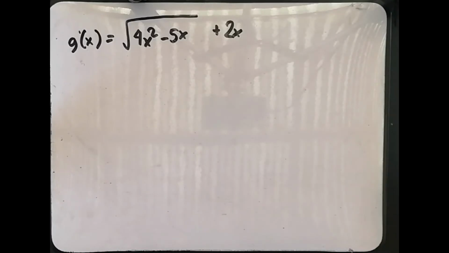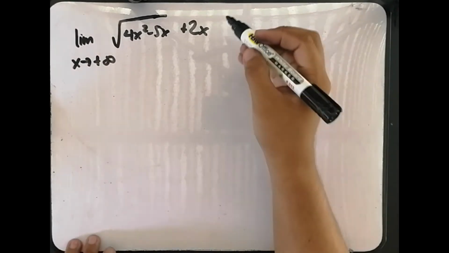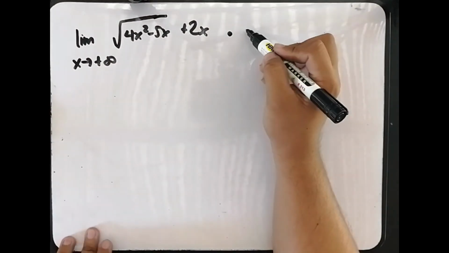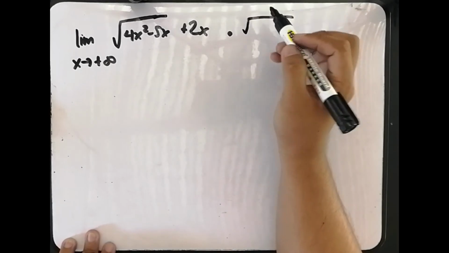Now, let's determine if g of x, which is equal to the square root of 4x squared minus 5x plus 2x, has a horizontal asymptote. What will we do? We will check what happens when x approaches positive infinity and also when x approaches negative infinity. Let's check first x approaches positive infinity. Since it is not rational, we first multiply by the conjugate.